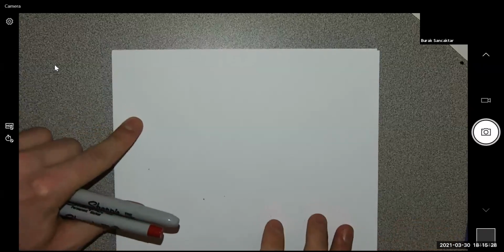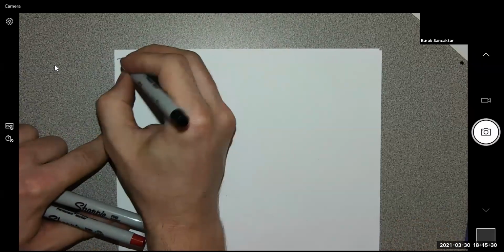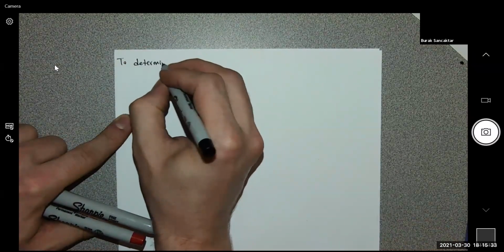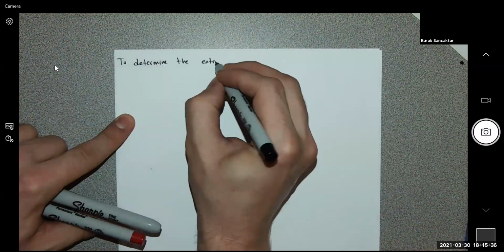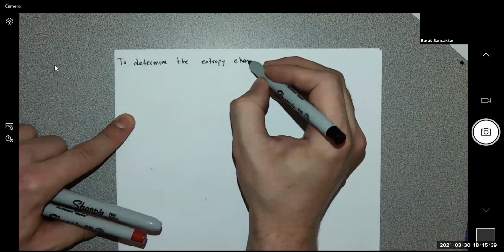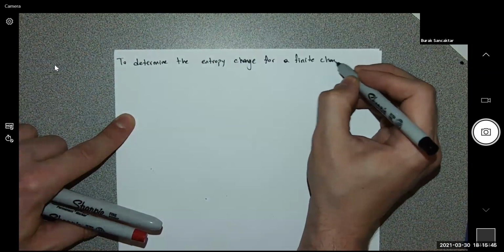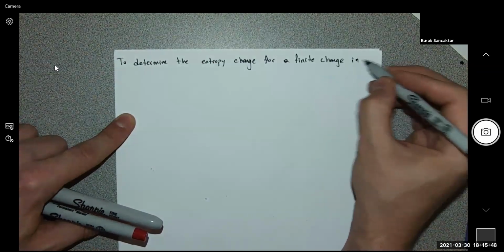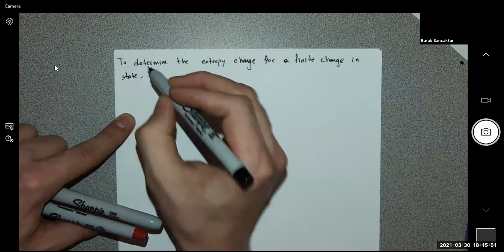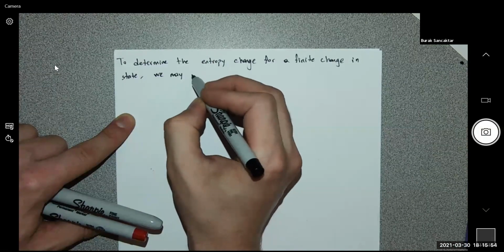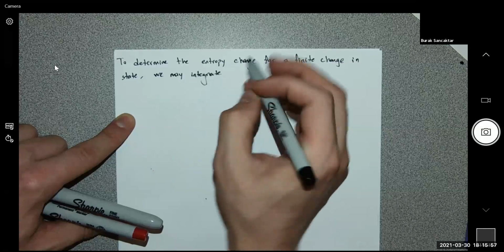Let's move on. To determine the entropy change for a finite change in state, we may integrate these equations.